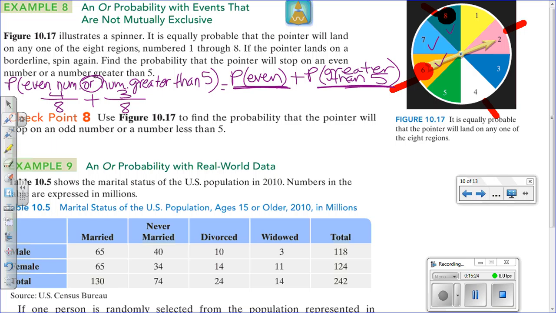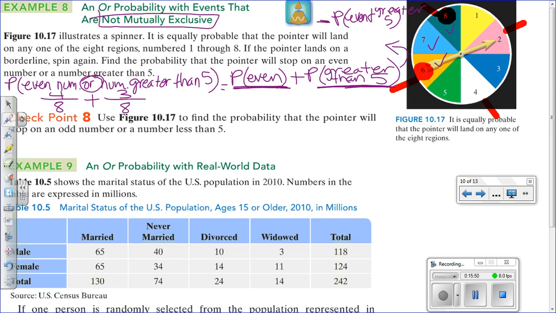Now we're talking about events that could occur at the same time, meaning the number could be greater than 5 and also even. So it only makes sense, and I'm going to have to write it here because I ran out of space, that we subtract the probability of both of them occurring together, meaning even and greater than 5.